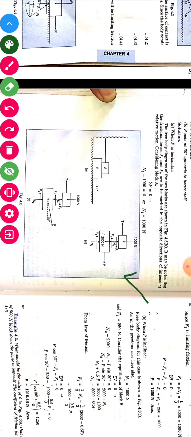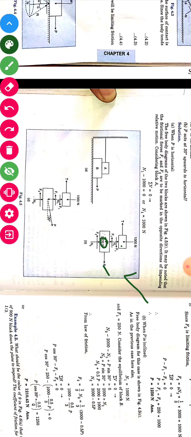The 2000 Newton block is drawn. After that we are drawing the 1000 Newton block. Now what are all the forces on the 2000 Newton block? First is force P, then we have the 2000 Newton weight.